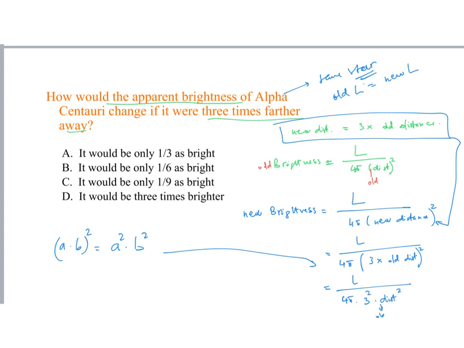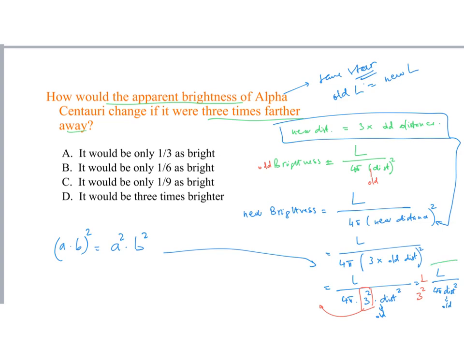And this is the old distance. We can separate this one and take it outside, so it's going to be 1 over 3 squared. And then whatever is left is L over 4 pi old distance squared. But look at that.